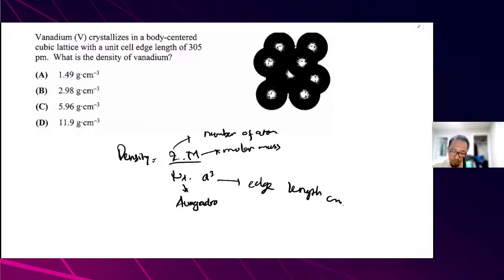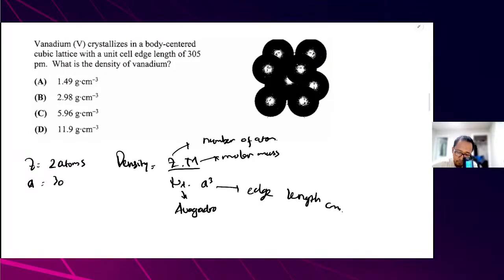Because BCC has 2 atoms per unit cell, and then a, the edge length, is 305 pm, which is 3.05 times 10 to the minus 8 centimeter, and the molar mass is 50.94 grams per mole. So just plug in the numbers one by one.